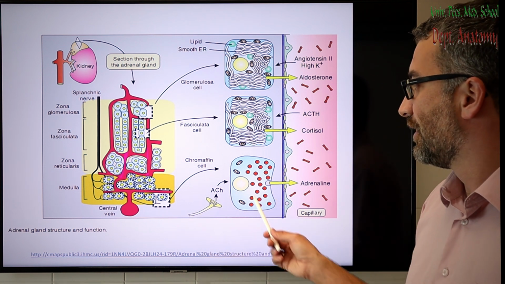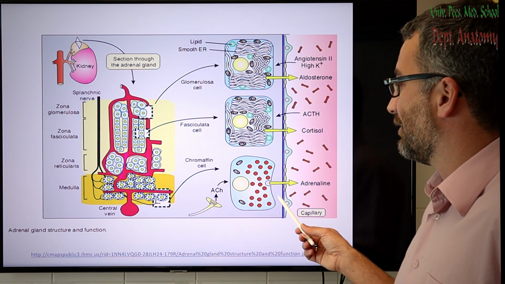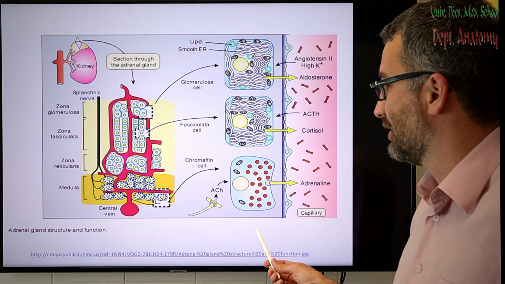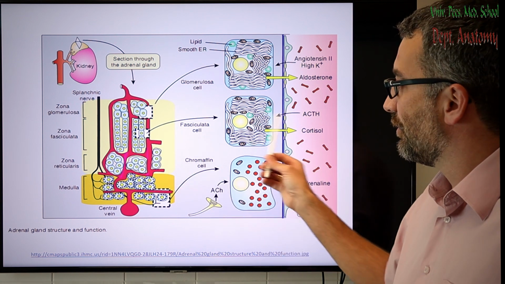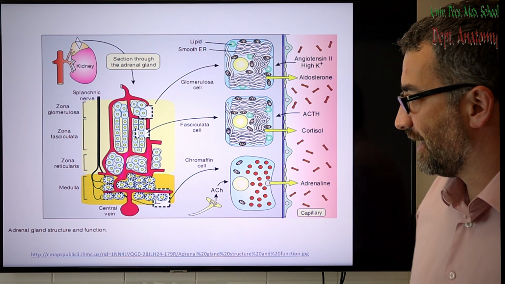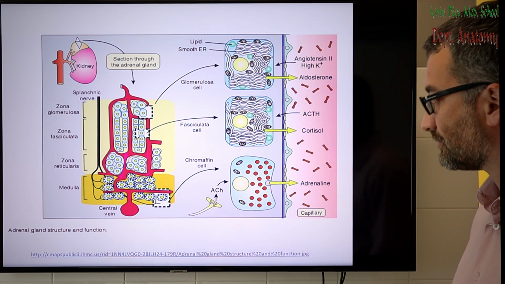So here we have a kind of neural regulation of endocrine cells in the periphery, which is very special. And as I said before, hormones produced in the cortex, especially cortisol, will flow through the medulla as well, and that can also have an effect on the production of adrenaline.